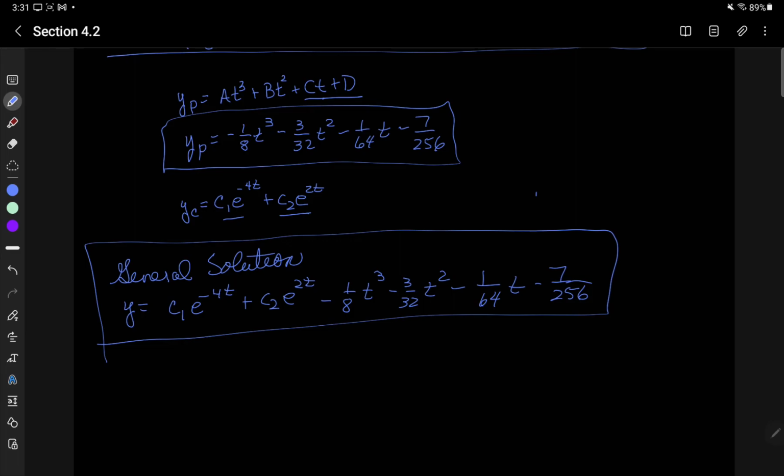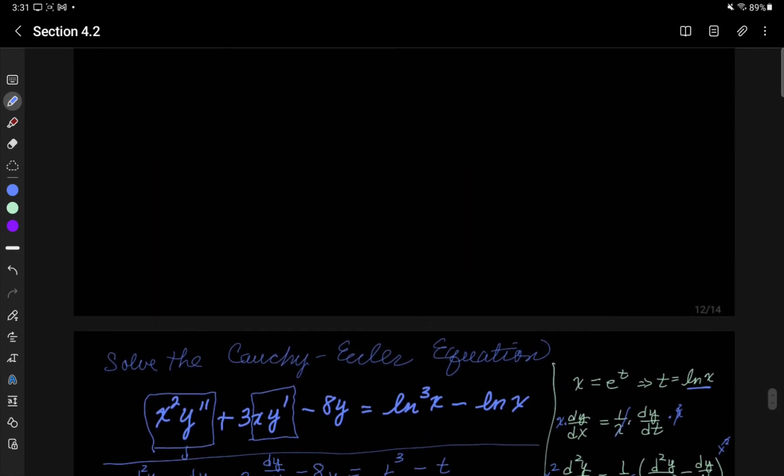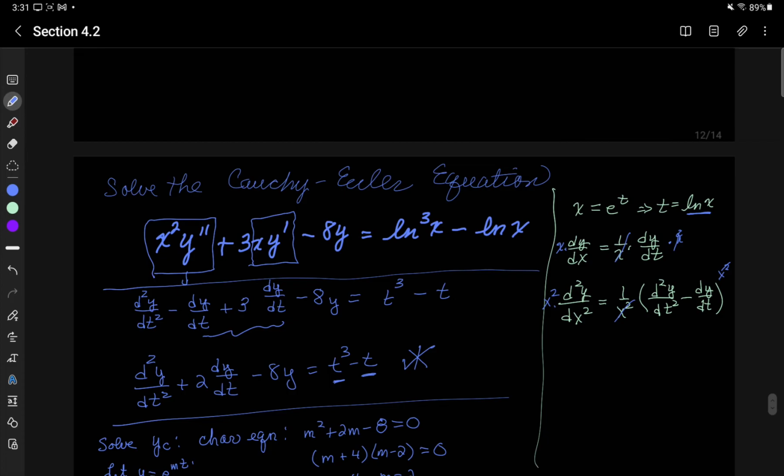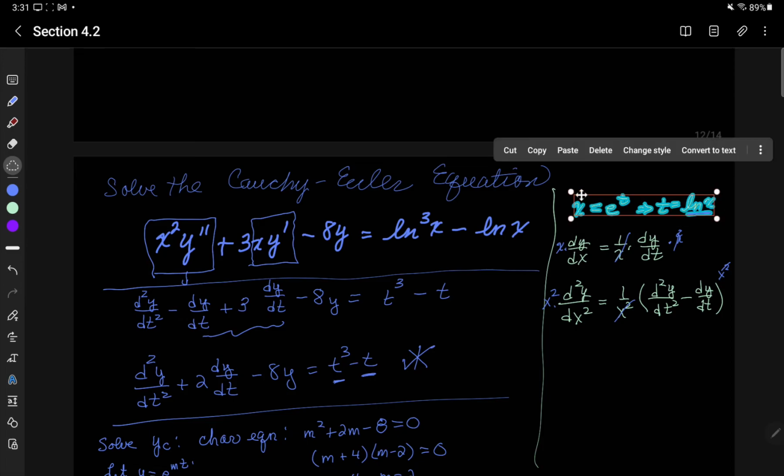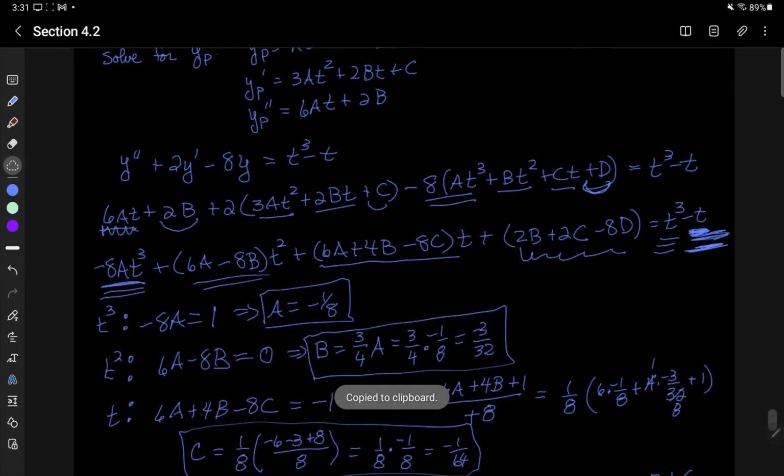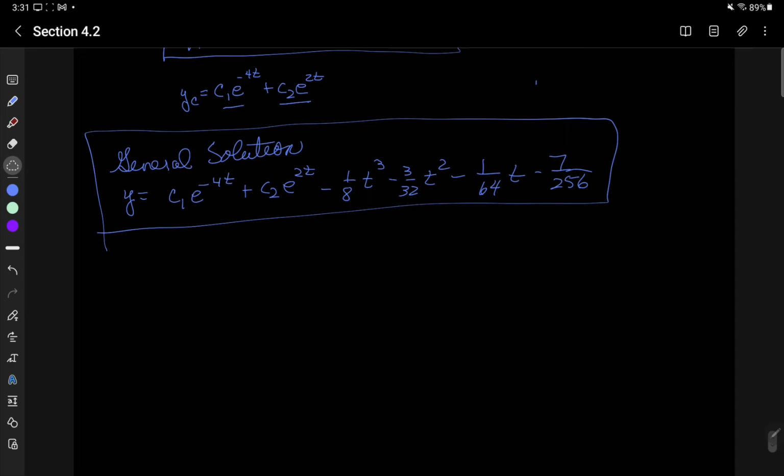But remember, we got that by making a substitution way up here. And so we'd want to substitute back to get our equation back in terms of x.